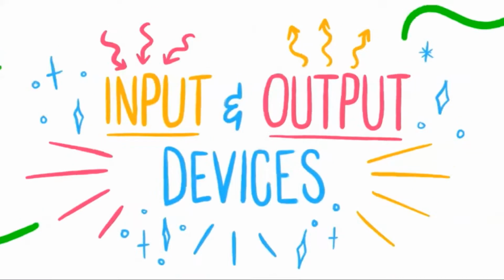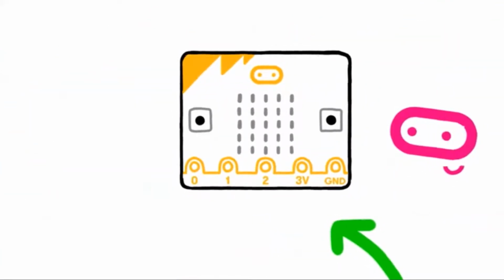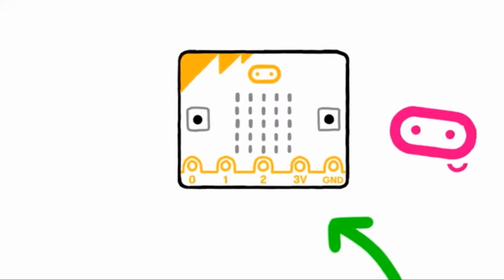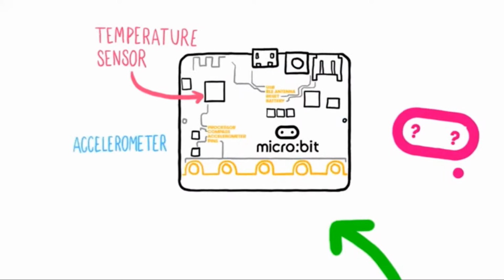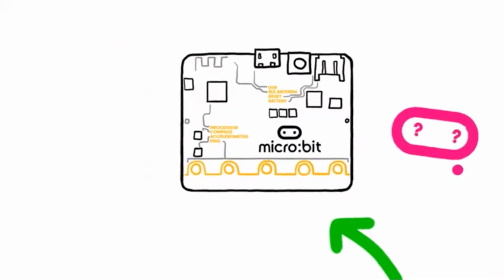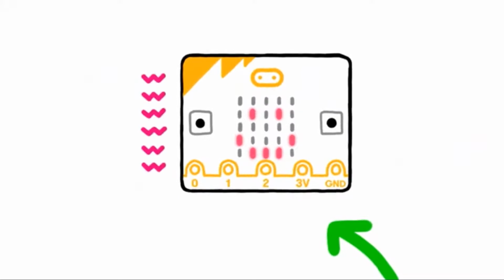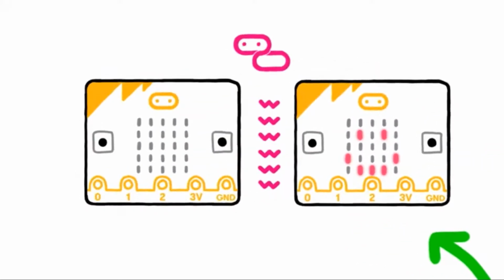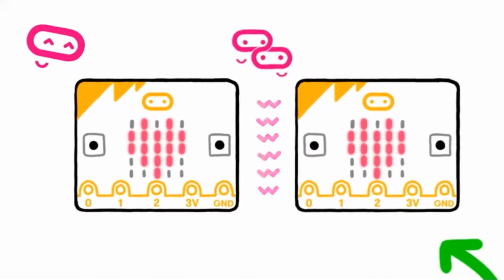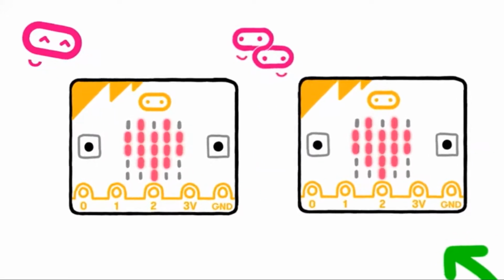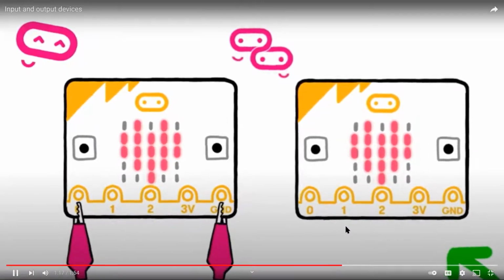The BBC microbit has several built-in input and output devices. The input devices are the buttons and the sensors for light, temperature, acceleration, and magnetism. The main output device is the LED display. Your microbit can also send and receive information by radio, so it's both an input and an output device. You can also add input and output devices using the pins on the microbit.